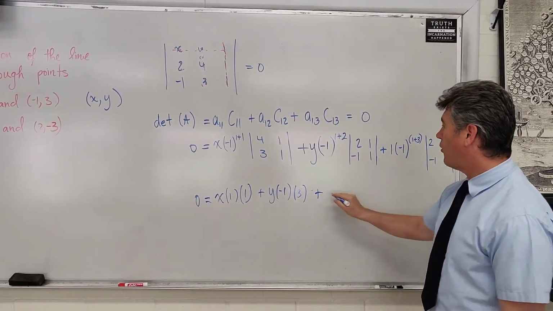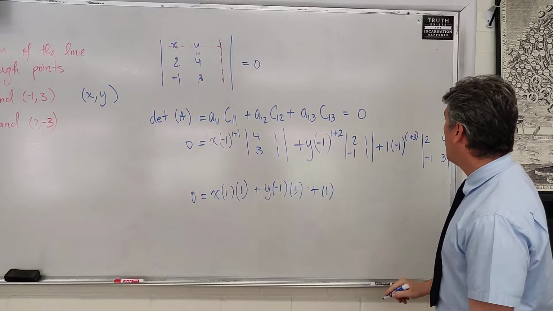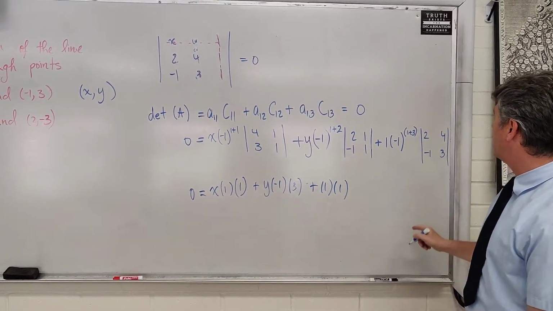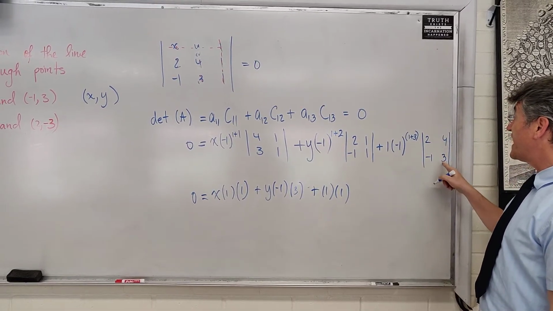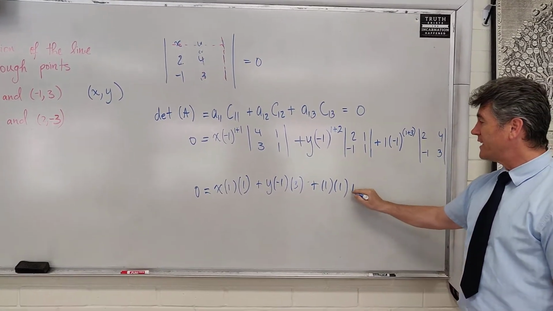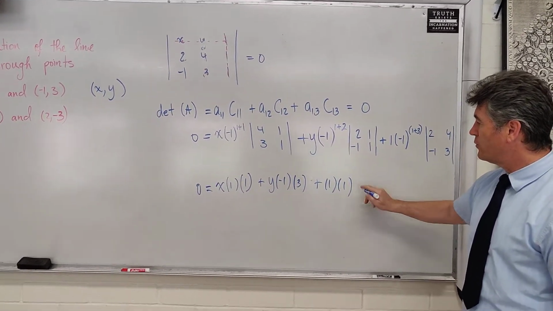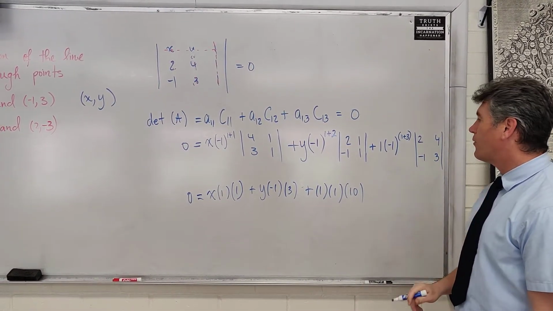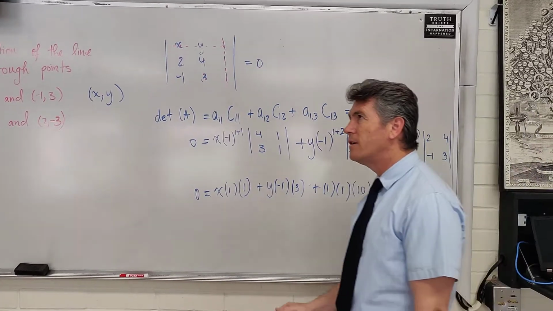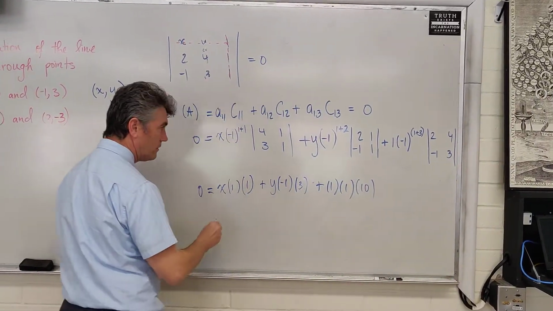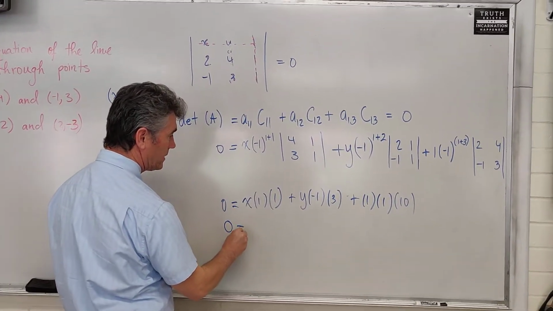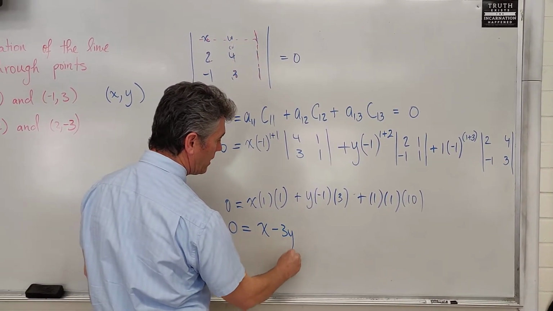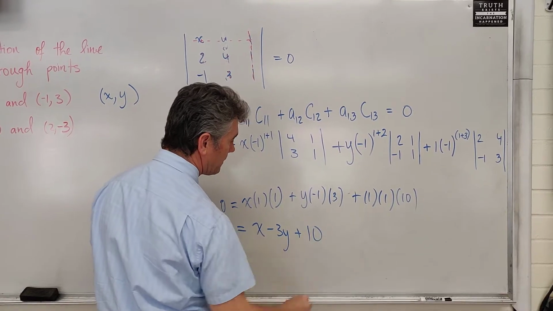Plus 1 times negative 1 raised to the fourth power is 1. And then 6 minus the negative 4 is equal to 10. So we have our equation. 0 is equal to x minus 3y plus 10.